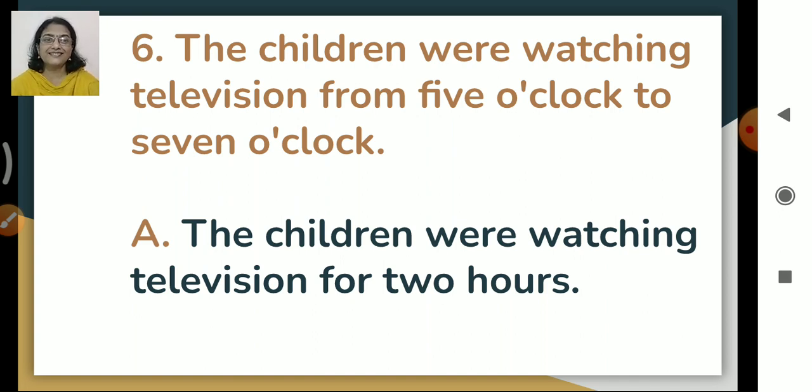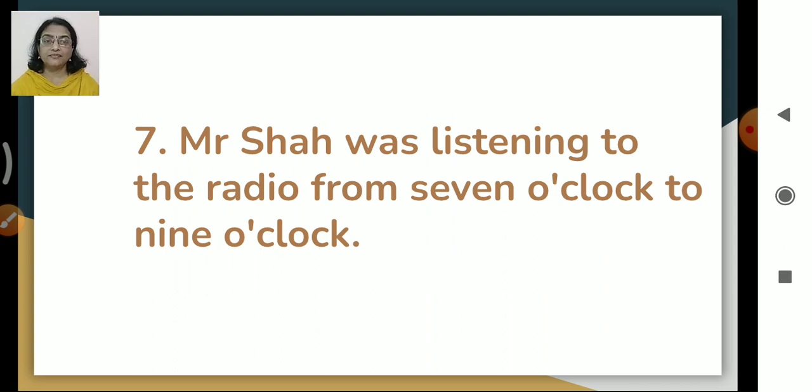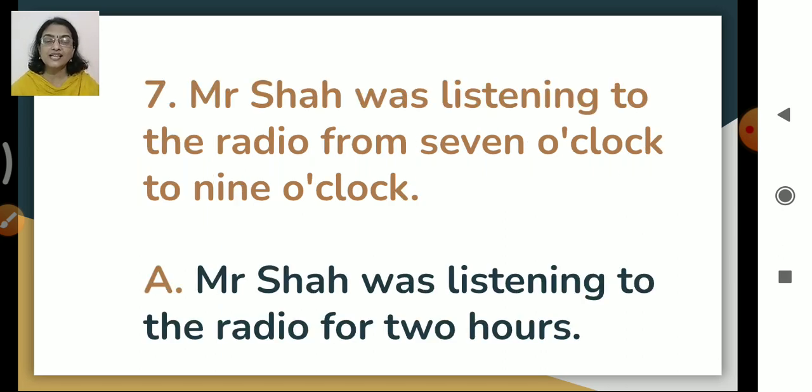Got it, children? Seventh one. Mr. Shah was listening to the radio from 7 o'clock to 9 o'clock. Again, from 7 to 9, how many hours will it become? Yes. So the answer is Mr. Shah was listening to the radio for 2 hours.